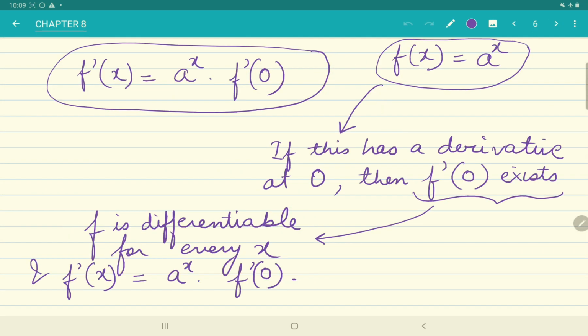In this case, we have written f of x is equal to a raised to the power x. If this has a derivative at 0, then f prime 0 exists, and that means f is differentiable for every x, and my f prime x is going to be a raised to the power x f prime 0.